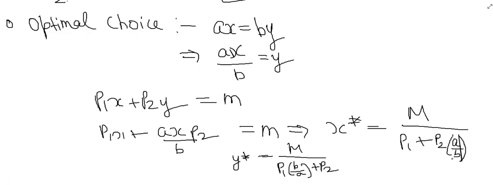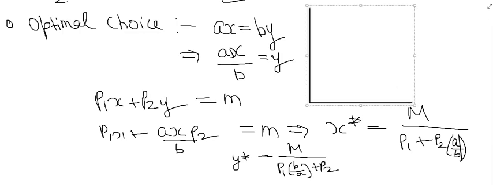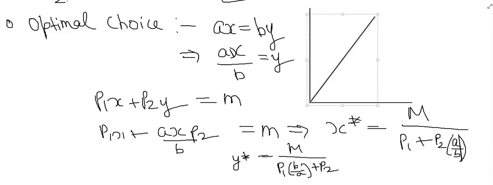Now what we will be understanding is a bit of MRS conditions. What is the MRS in this case? First of all, we draw once again the ICs which are L-shaped. We draw the ax equals by line and we draw the ICs.